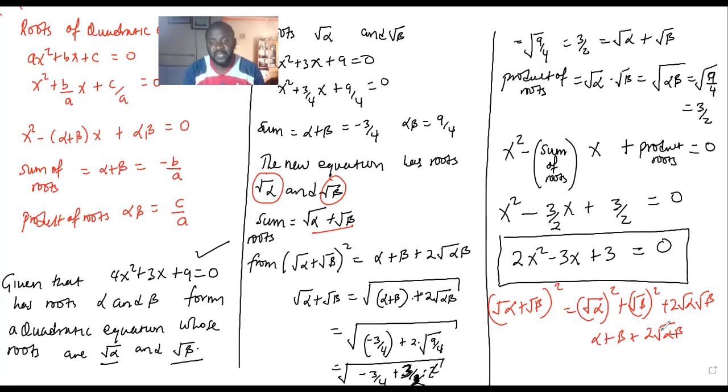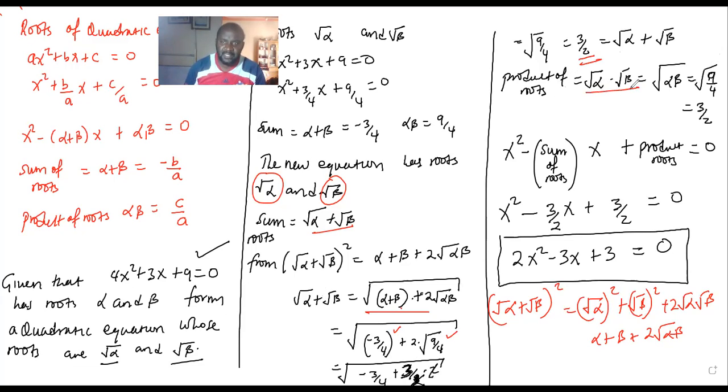Then now you have expressed it in terms of alpha plus beta and alpha times beta. Then get the square root on both sides and make root of alpha plus root of beta the subject, which reduces to this one. Then you substitute the alpha plus beta, you substitute the square, you simplify, we got that as their sum.